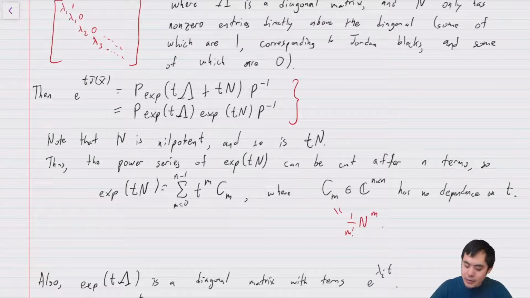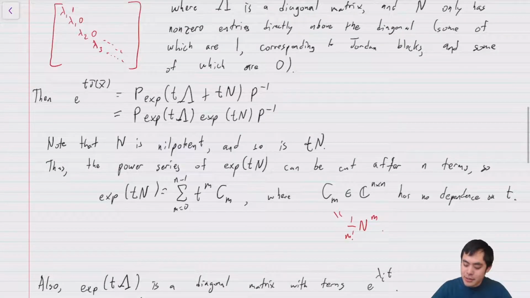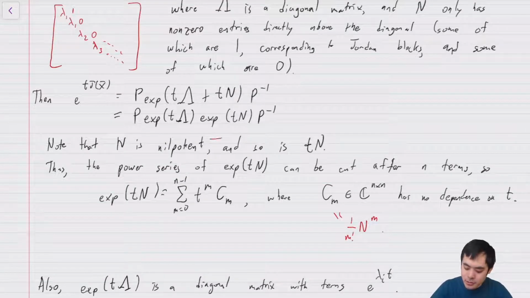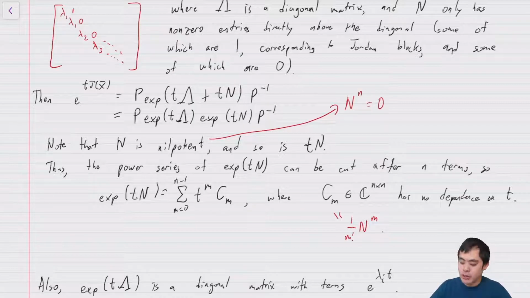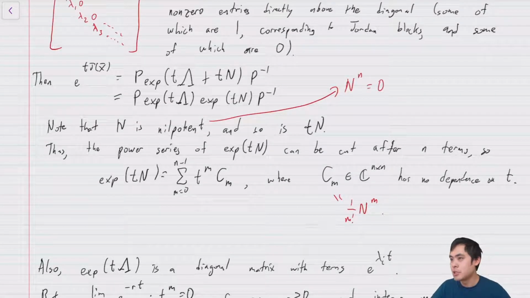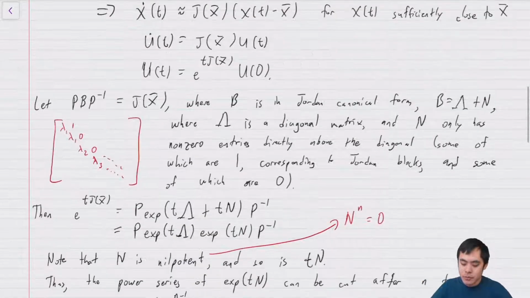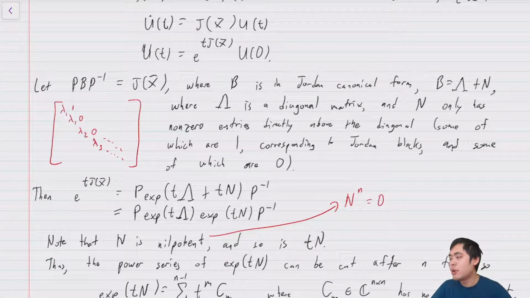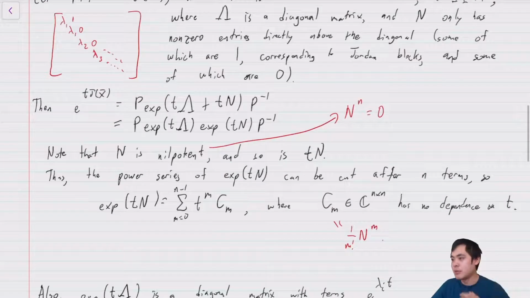And so once you've done that, all you have to do is multiply these things out. One of the things to notice is that N is nilpotent, which means that N to some power, in fact, it turns out that N to the little n power is equal to 0. This can be verified pretty easily by just looking at the fact that it's 0 on the diagonal and everywhere below the diagonal, and therefore this is a true statement.